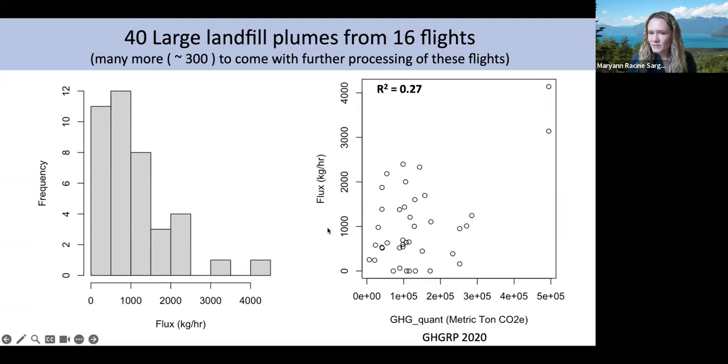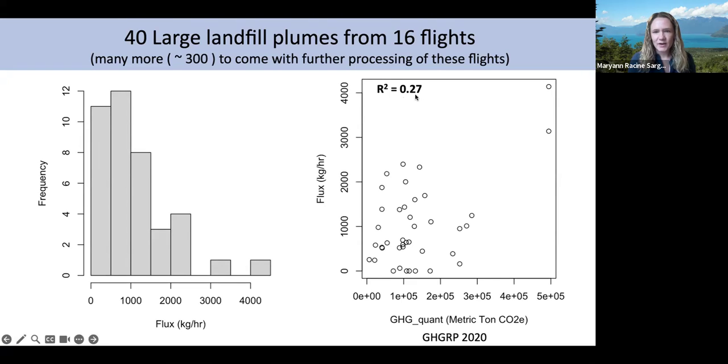And what I'm showing on the right here, on the x-axis, is the methane emissions, in tons of CO2 equivalent, from the EPA GHGRP database. So this is what the landfills are reporting to the EPA for their emissions based on bottom-up accounting methods. And then on the left is the flux that we calculate from MethaneAIR.